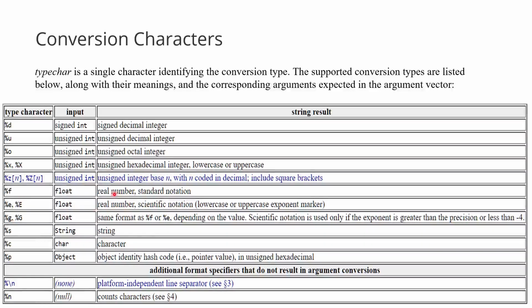Take a look here at real number notation, strings, and characters. Also, here's a good one as far as scientific notation. Those are also very useful in specific cases. Again, please look this over, pause this video, take a look, but also you can reference this with other resources on the internet as well.